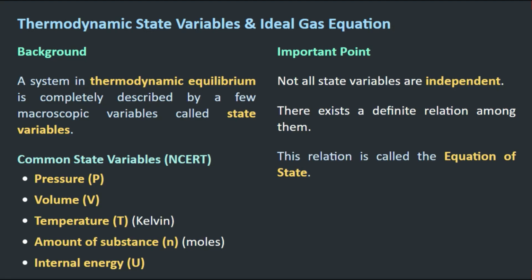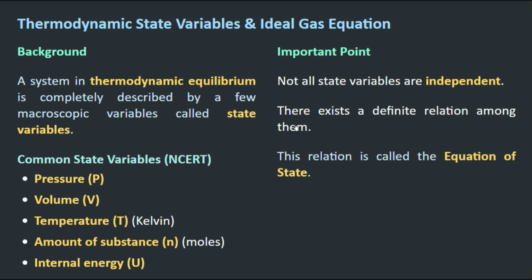I think I covered all the points of this particular set of slides, so let's have a look. We are looking at thermodynamic state variables and the ideal gas equation. A system in thermodynamic equilibrium is completely described by a few macroscopic variables called state variables, and that includes pressure, volume, temperature, mole, and internal energy. They are not independent.